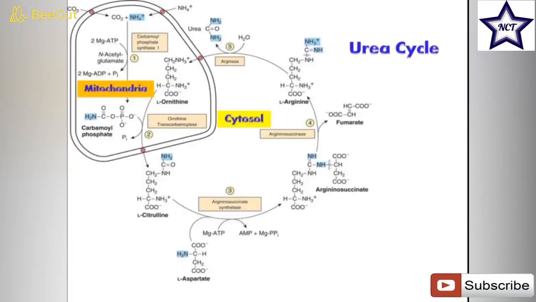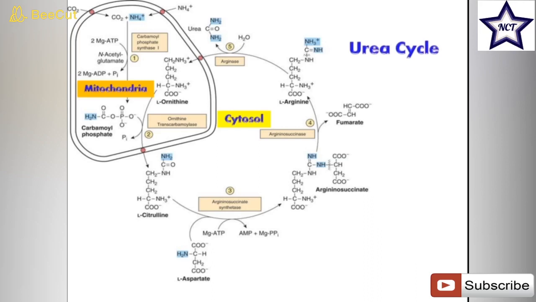And this is the complete urea cycle. We can see the first step, carbamyl phosphate synthase, in which carbon dioxide and ammonia combine to form carbamyl phosphate, which then forms citrulline, aspartate and arginosuccinate, ultimately resulting in the formation of ornithine and urea.